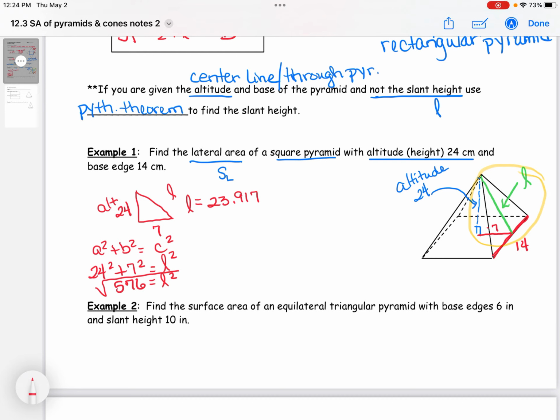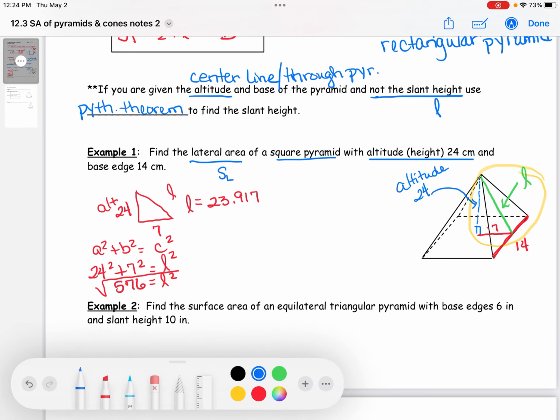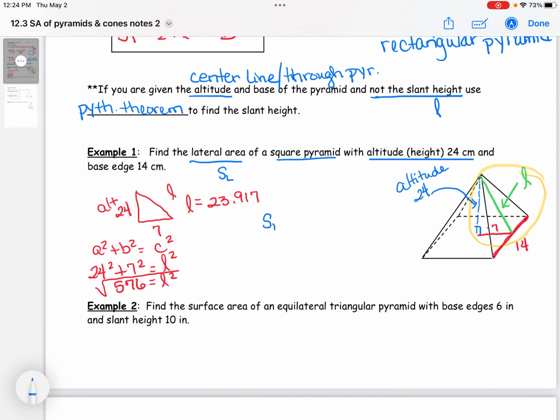Okay, because that's what I need to find my lateral surface area, which is 1/2 PL. So I have 1/2.